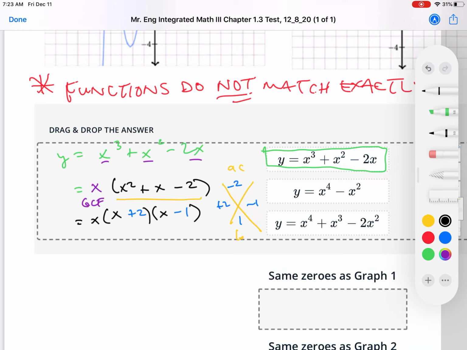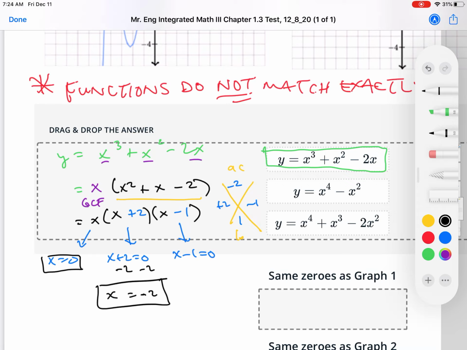And then if we apply the zero product rule, we're just going to set each of those equal to 0, not including the parentheses, and then you'll notice that you already have an answer here. And you have x equals -2 and x equals 1.